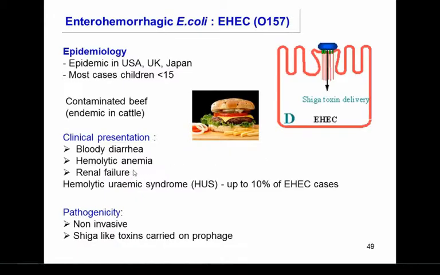So this is a case where one of Koch's postulates is not respected, because bacteria can only be found in the gut. It's non-invasive, but the pathology occurs in the kidney, a distant site, because of the toxin which passes through the blood. So that's why plasmapheresis is used as a therapy.